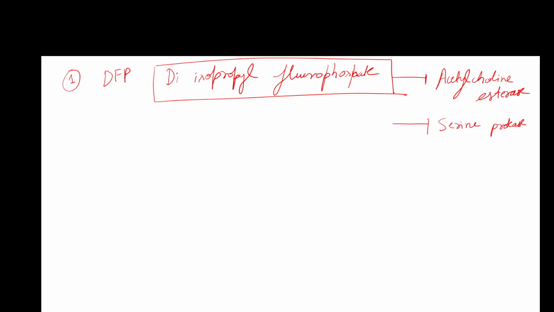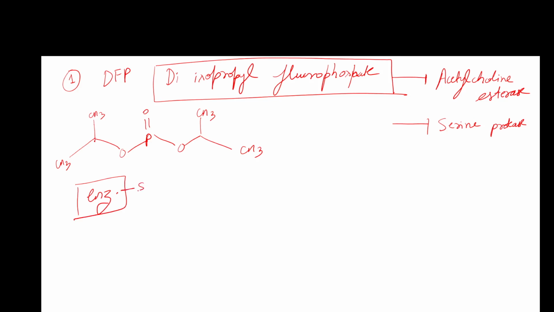And if I talk about the mechanism of action, the enzyme has such functional groups, for example serine. Serine has a functional group of CH2OH. So here it is, fluorine. So this is DFP, diisopropyl fluorophosphate.